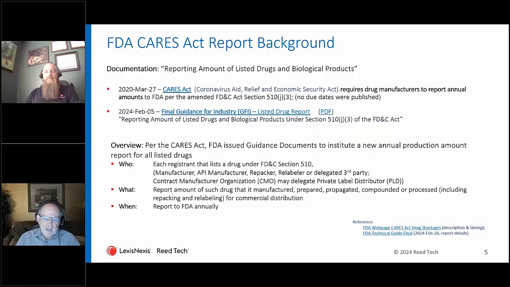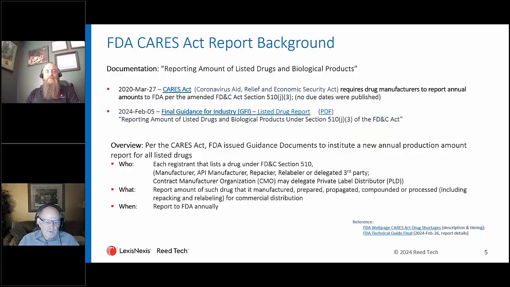So this particular guidance document, and again, there's others, there's a technical guide document and so on, but we now know who is involved, and that would be the registrant that lists the drug product. Contract manufacturer organizations would be part of this list. They may delegate to a private label distributor, but that would be the exception. Legally, they're responsible as the CMO.